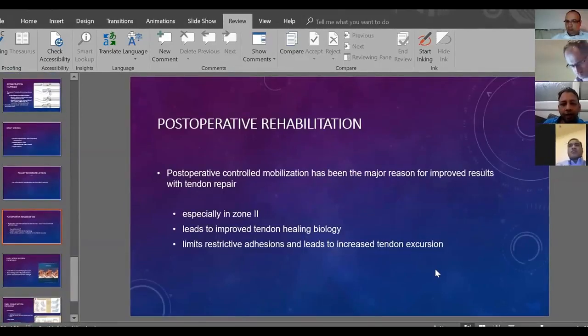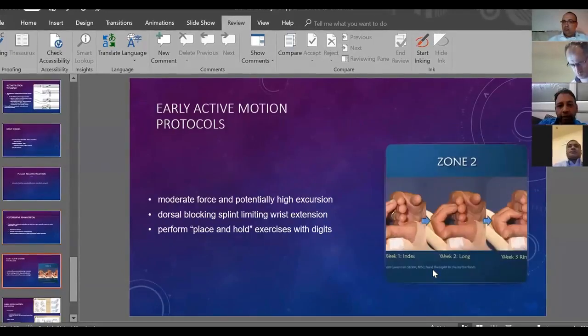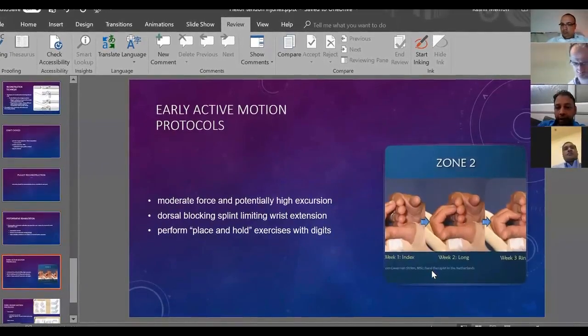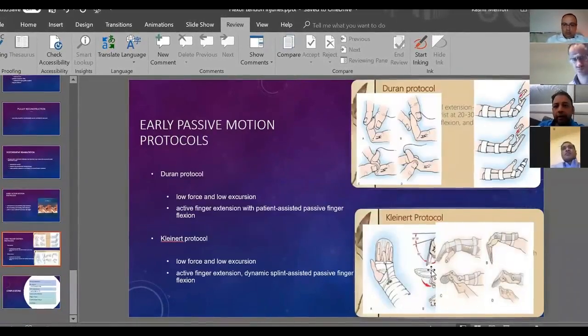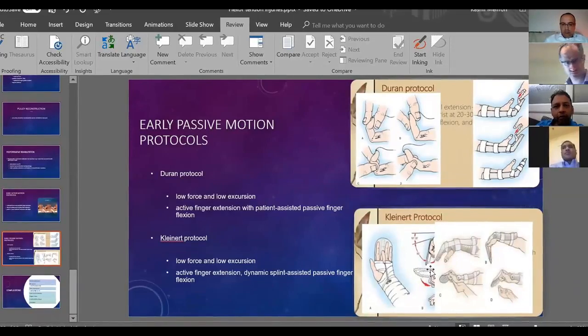So for post-operative rehabilitation, early controlled mobilization is very important and gives very successful results. There are quite a few different protocols, but the most commonly used are the Duran and the Kleinert protocols.